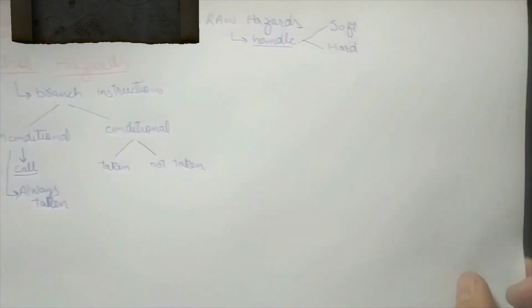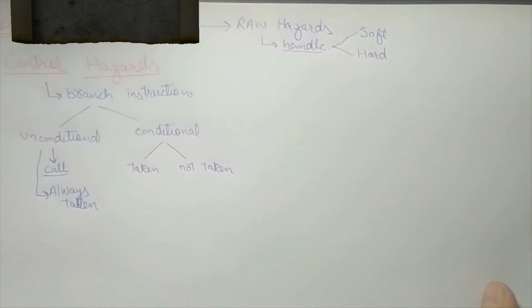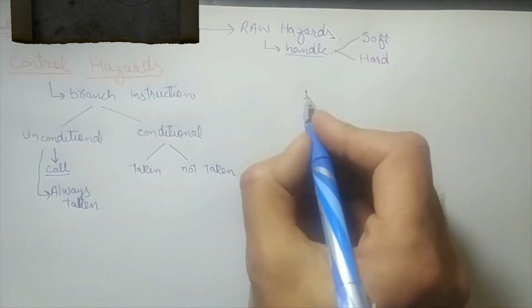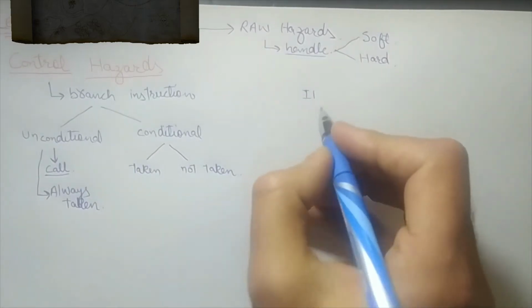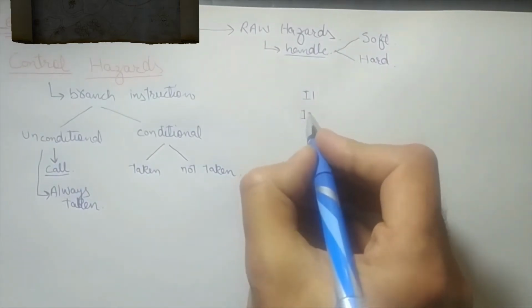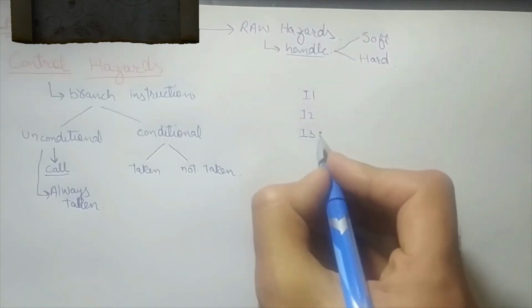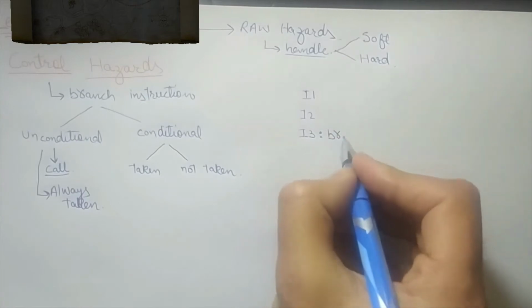Now let's see a simple example. Let's say this is our program: instruction 1, instruction 2, instruction 3. Let's say instruction 3 is a branch instruction.